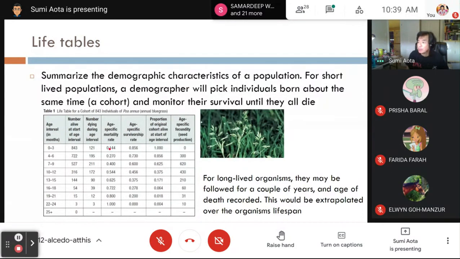The age-specific mortality rate, what's the rate of death that occurred in this particular age group? The age-specific survivorship rate, what's the number of individuals that survived this particular grouping? Just double check that.